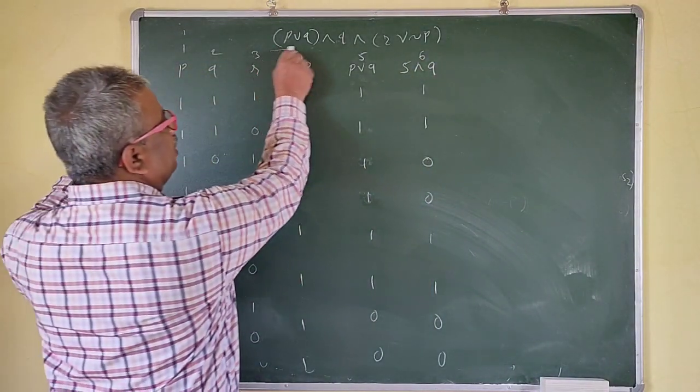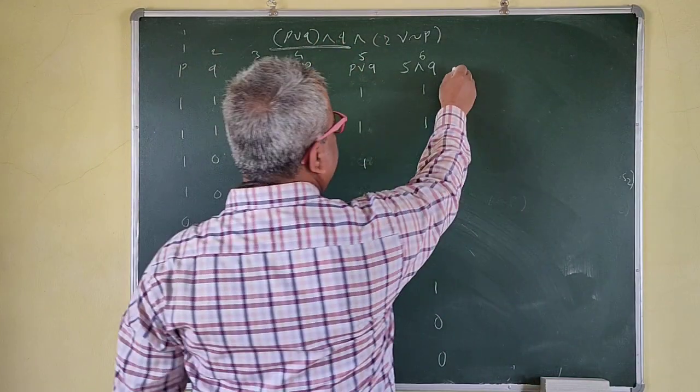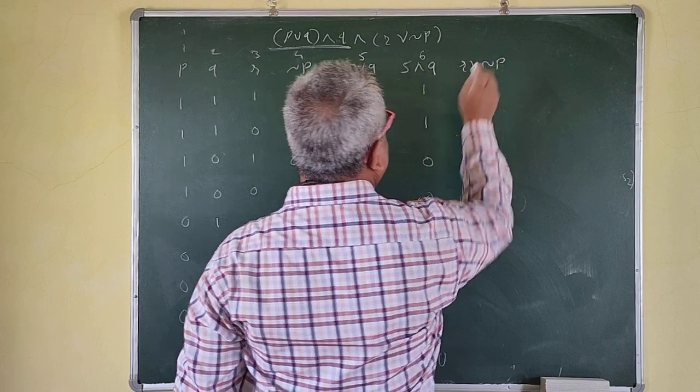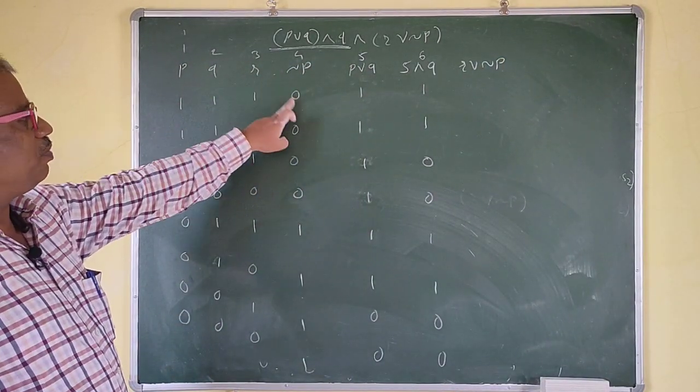That means up to this we did. Now we'll write R or negation P. Where is R? R is here. Where is negation P? Here.